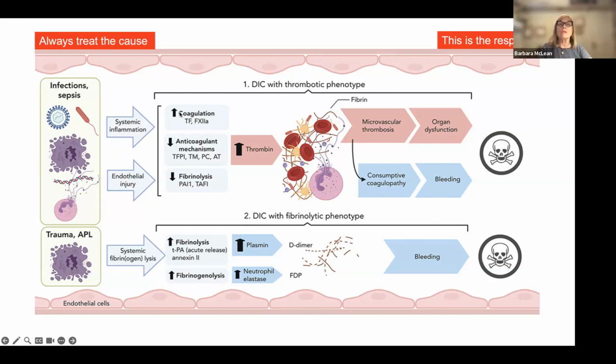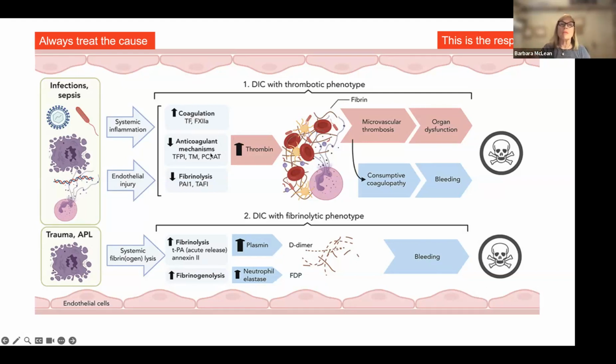So clotting increases, but that's in the microcirculation. Anticoagulation increases in order to dissolve thrombin. Fibrinolysis increases, anticoagulation decreases, so sorry, fibrinolysis decreases because you've consumed these products, because you're making so many clots, you've consumed the anticoagulation mechanisms, or they are actually muted at the endothelium.